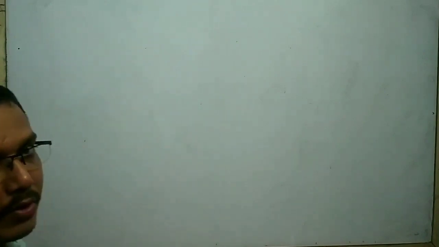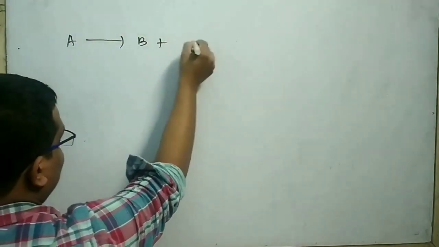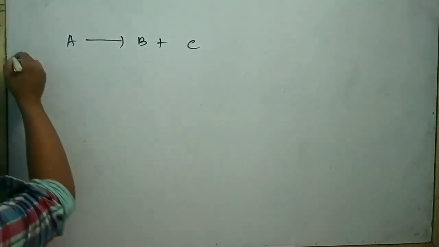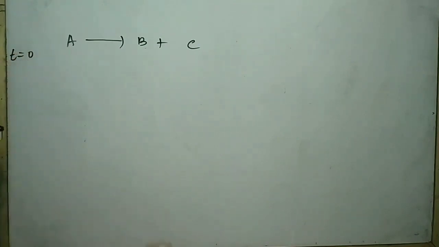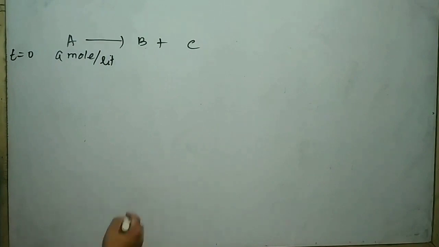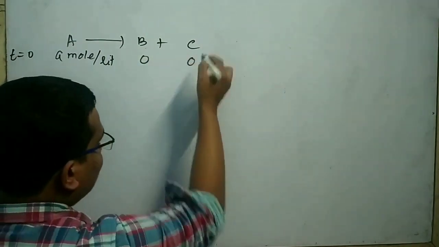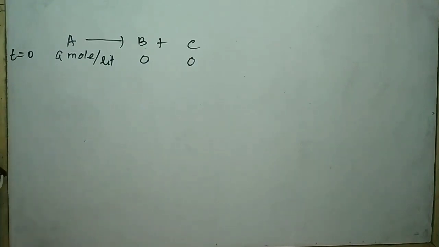We know that in first order reaction, the rate of reaction depends upon the concentration of only one reactant. Suppose I take a reaction A gives B plus C. At the initial condition t is equal to 0, suppose a moles per liter of A is taken. At time 0, 0 mole of B is formed, also 0 mole of C is formed because there is no reaction.